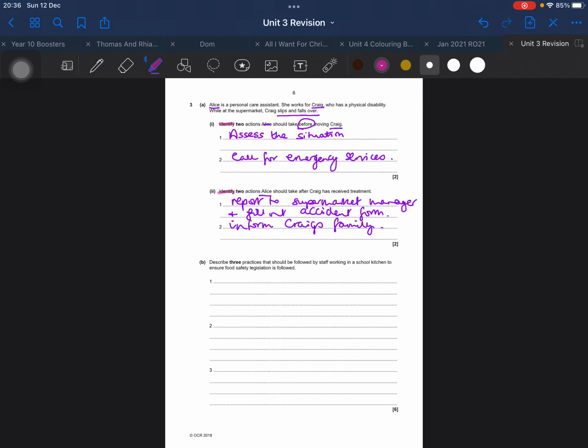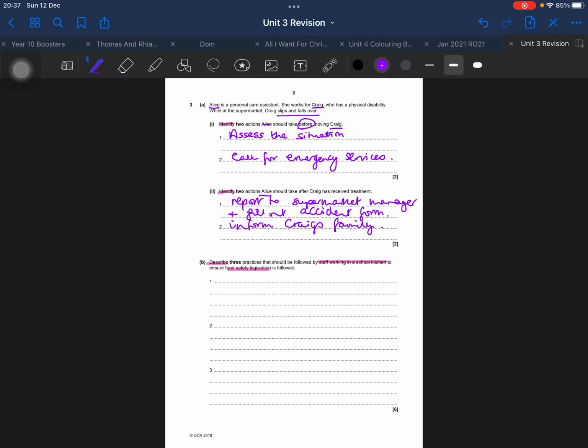Okay, part B, describe, that's our command word, 3 practices that should be followed by staff working in a school kitchen to ensure food safety legislation is followed. So this kind of fits into your food and nutrition as well as your Unit 2 stuff. So 3 things we need to have. Well, staff must take care to make sure that food is treated in a way that makes it safe to eat.